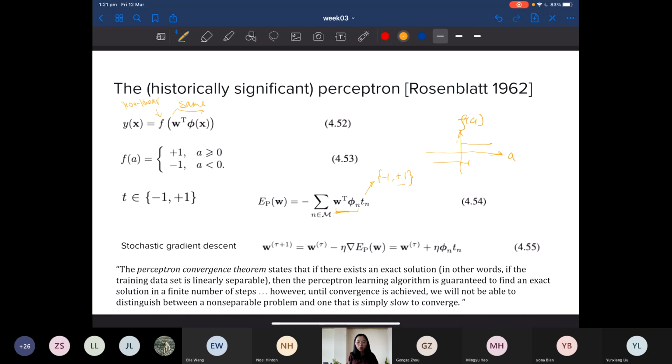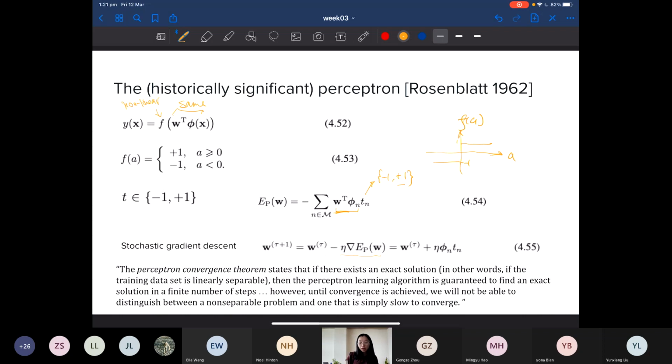So the way to optimize this error function, or minimize it, is stochastic gradient descent, as we briefly mentioned, which means we go through each data point. We compute the gradient of this error function on that particular data point and update the weights W from one iteration tau to the next iteration, and then we move on to the next point.